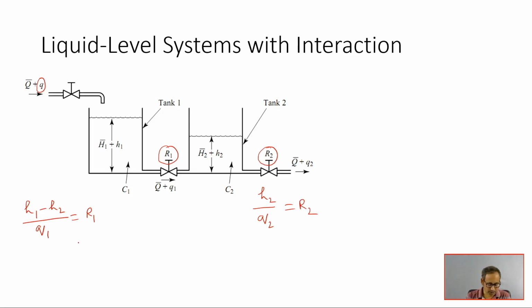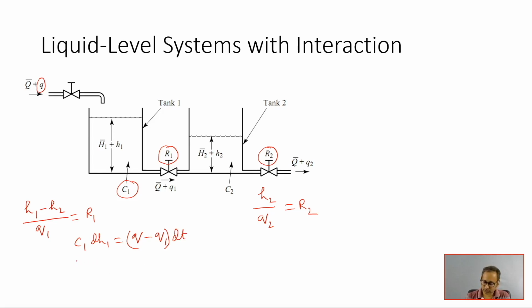Now, another is C1. What is C1? You must have seen in the earlier case that we developed the equation C1 dh1/dt equal to q minus q1, where C1 is the capacitance of tank 1. This was explained in the earlier case.